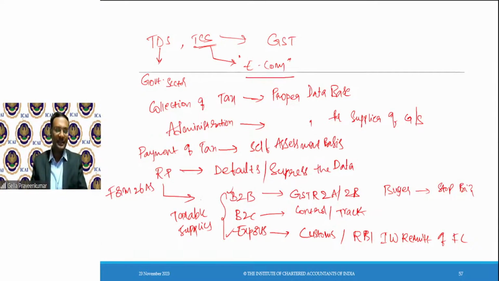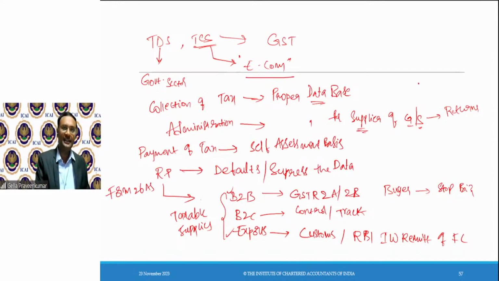Instead of customers coming into the shop to purchase, goods displayed on a website getting picked up through e-commerce platforms is more and more vibrant in this generation. So for capturing this data, the concept of TCS was introduced, where the government gets data on whether the supplier of goods or services is filing returns properly. This is how the government is getting their data.